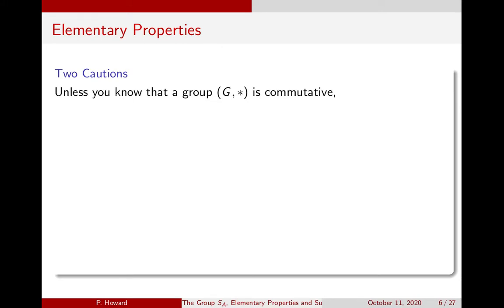Two cautions, things you've got to be fairly careful of when you're dealing with groups. If you know that A equals B, where A and B are two group elements, you cannot conclude that CA equals BC. Here I've multiplied the left-hand side of the equation A equals B on the left by C and on the right by C. This is only a legal operation if you know the group is commutative.